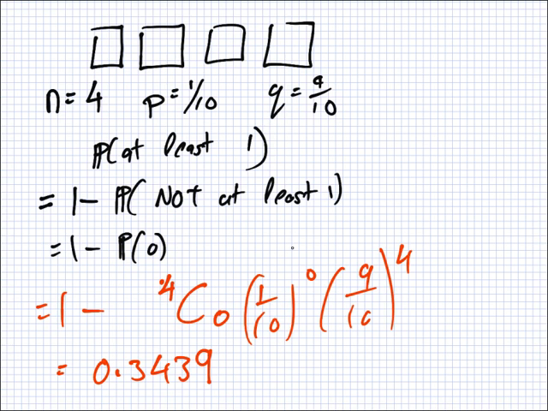Sir, is that the answer? I don't know. Is it not this on the calculator? I think it's 0.8. Are you sure? Let's try. Because 1 minus the 9 over 10 to the 4 is the probability of getting at least one, right? That should be high, right? But did you type this in on the calculator and you didn't get this number?